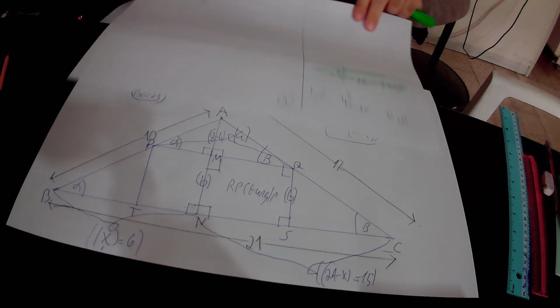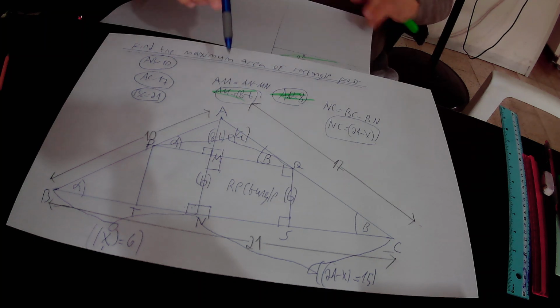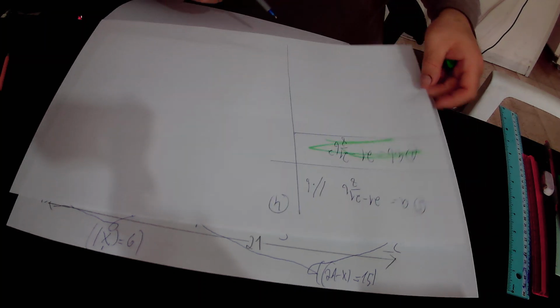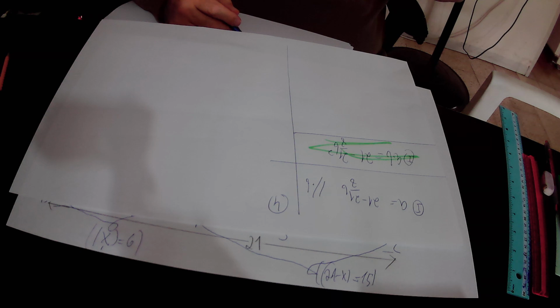So b is the independent variable in this function and the area is the dependent variable.